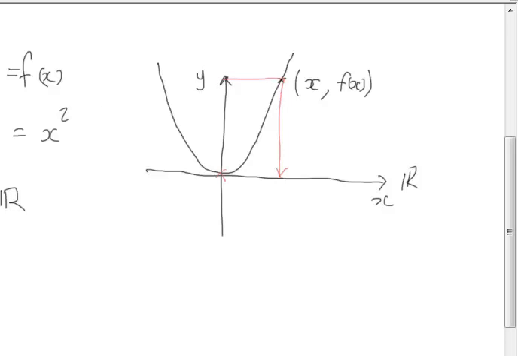Maybe let me clean that a bit so that we don't have some confusion there. So somewhere there, that's where we have the value y, and somewhere there, that's where the input x is coming from. Are we together, guys?